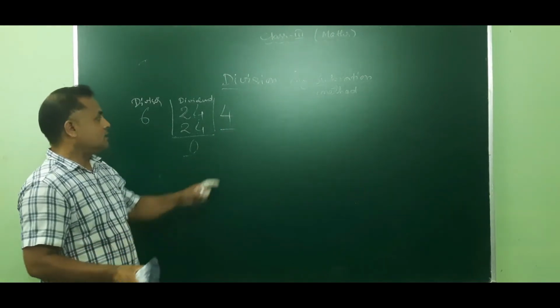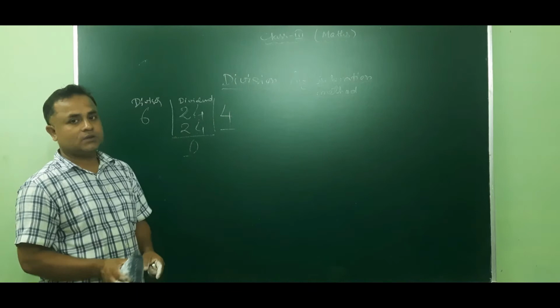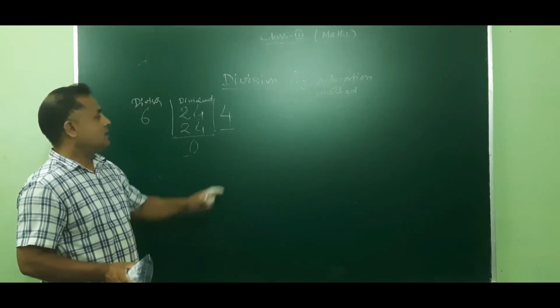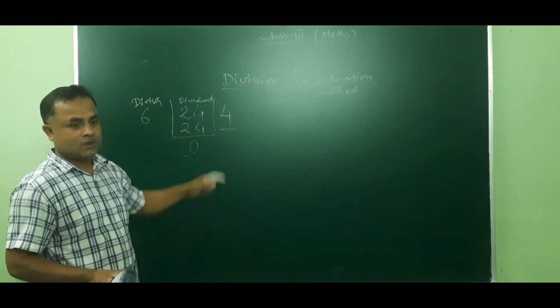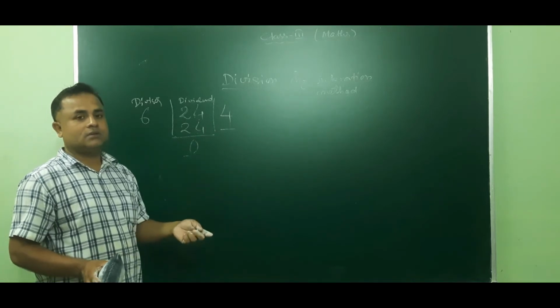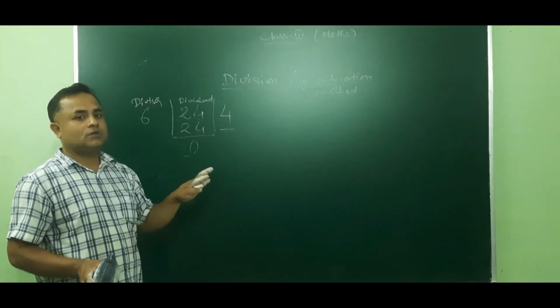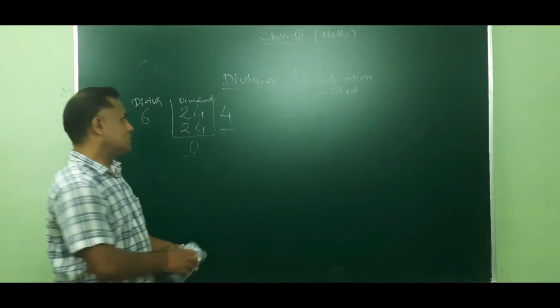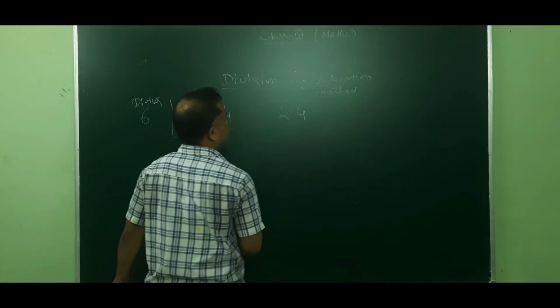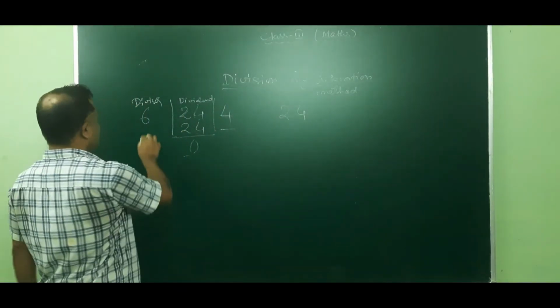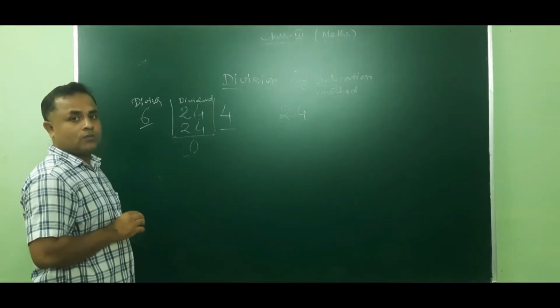The answer 4 means by the subtraction method there are 4 steps of subtraction. Just as I have said before, division is the shortest form of subtraction. So we will see, 24 divided by 6.